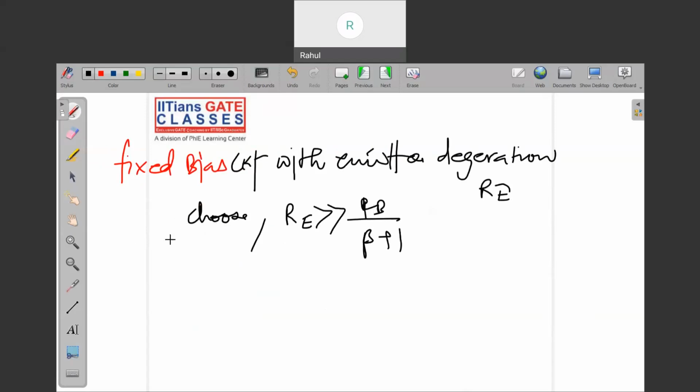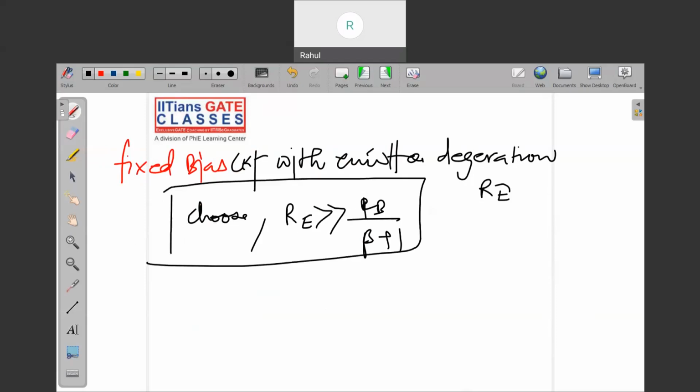Design problem. This condition can also be asked in the examinations.